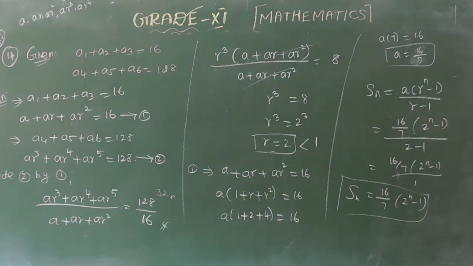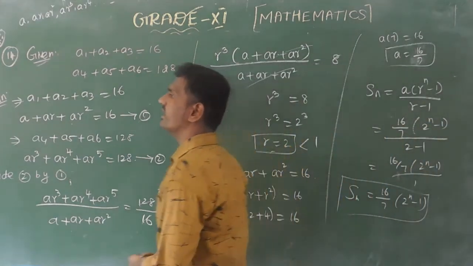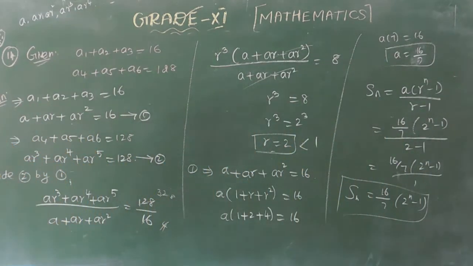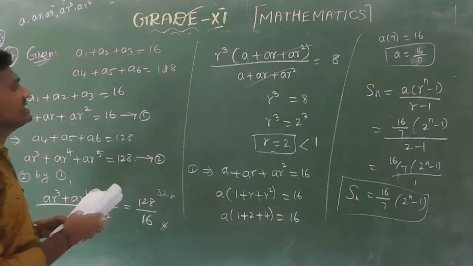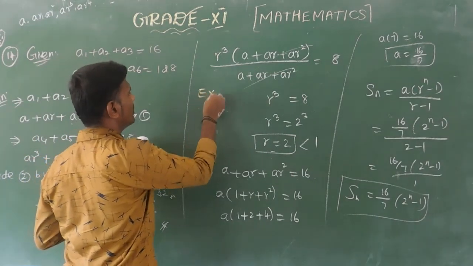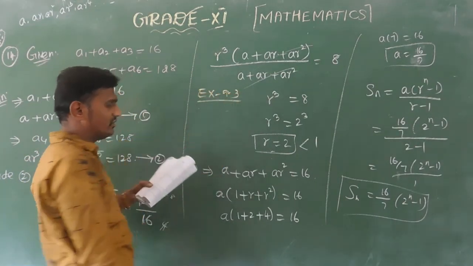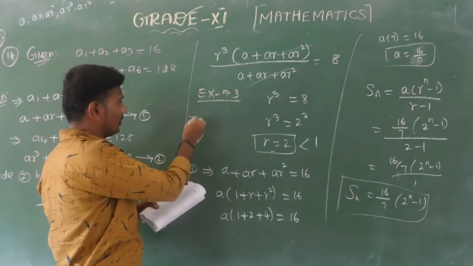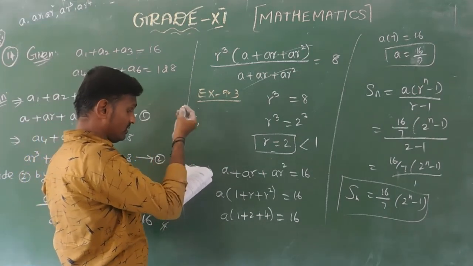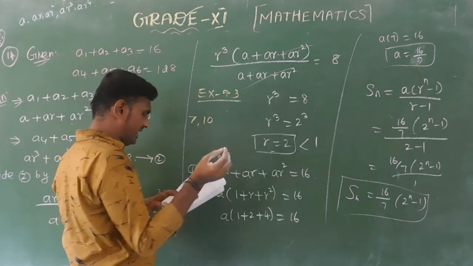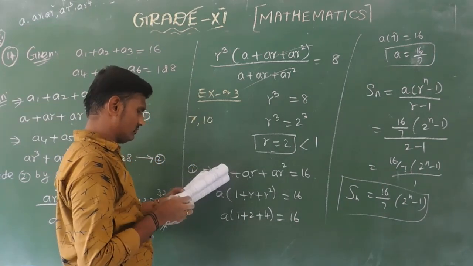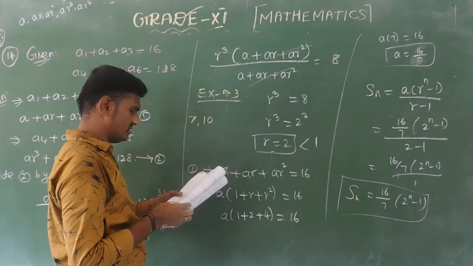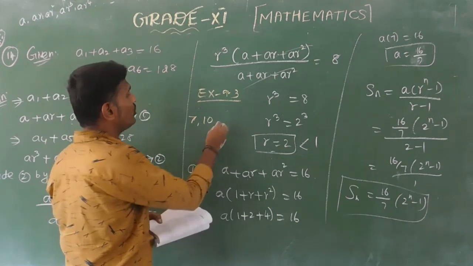So that's all. Yes students, this class is going to be over now, and I want to remind you of the homework questions. In exercise 9.3, you have homework: question number 7, question number 10, and question number 15.